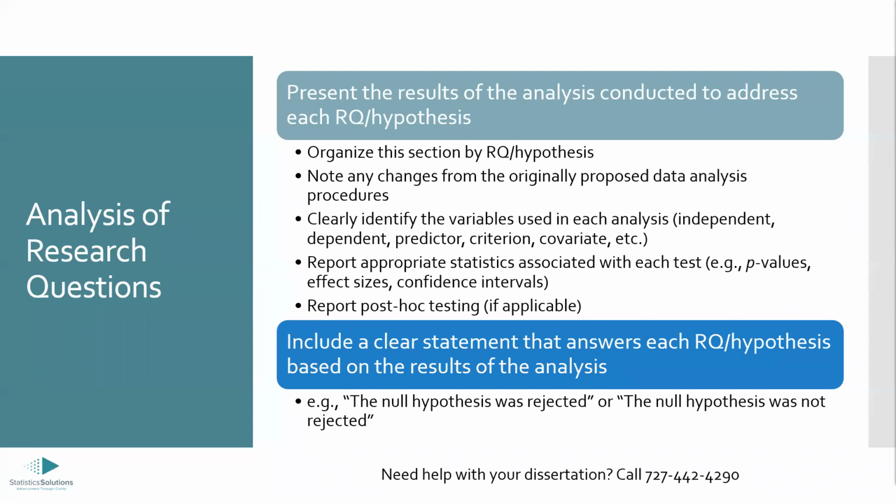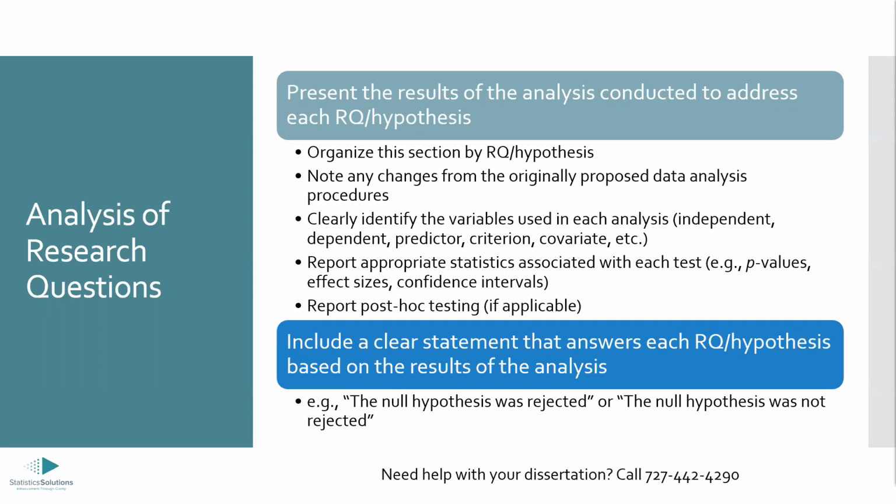You'll want to clearly identify the variables that you use in each analysis. So for instance, if you're doing something like a t-test or an analysis of variance, then you'll want to identify your independent and dependent variables. If you're doing something like a regression analysis, you'll want to identify your predictor variables and your criterion variable.